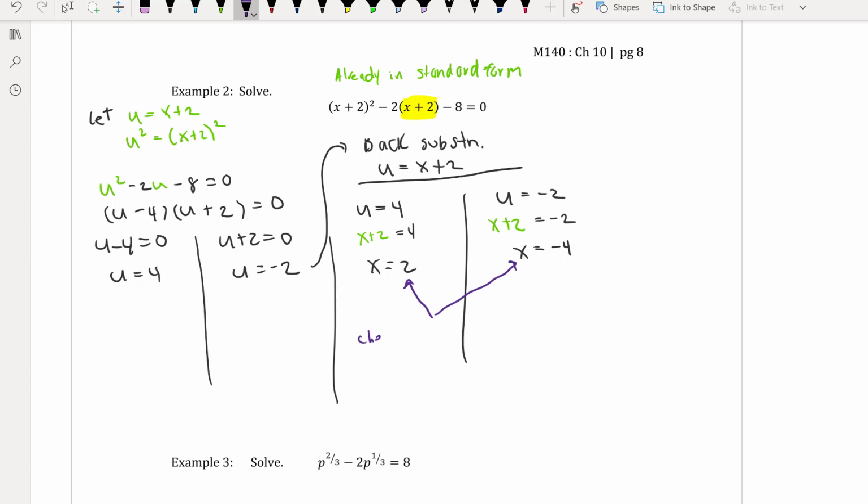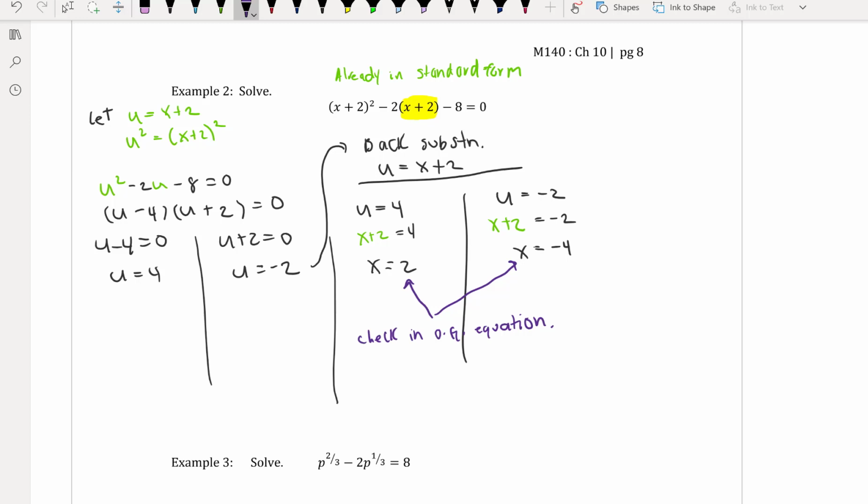So check in original equation. Okay. So I'm going to go ahead and do that. So I'm going to have parentheses 2 plus 2 squared minus 2, 2 plus 2 minus 8.